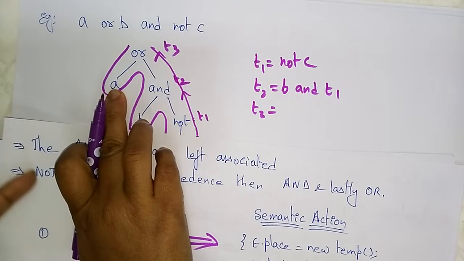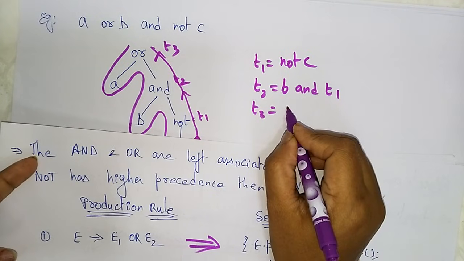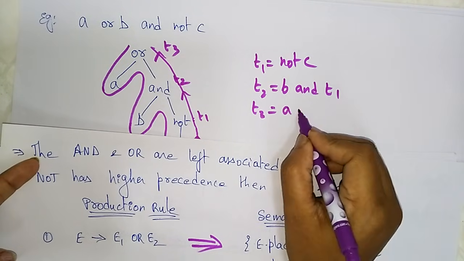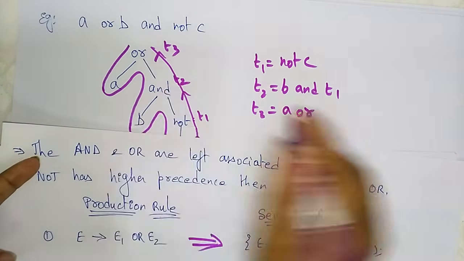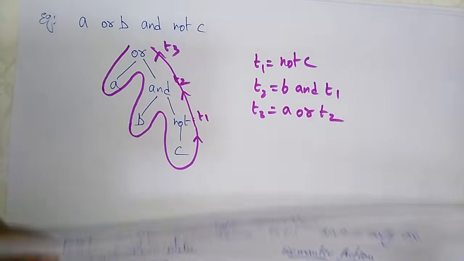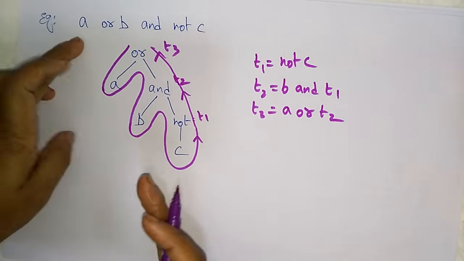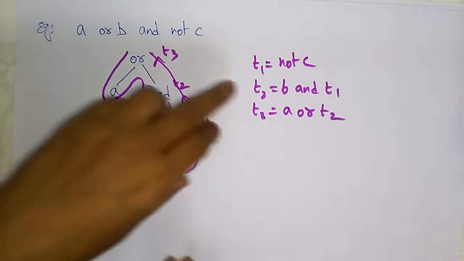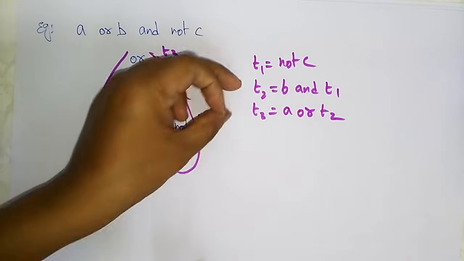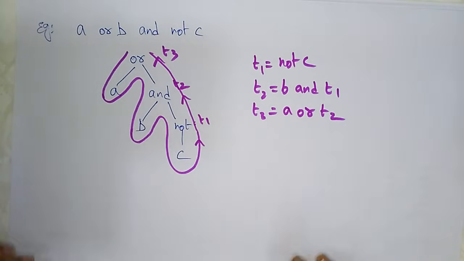E1 dot place is A or E2 dot place is T2. So this is for the expression A or B and not C, and these are the temporary variables holding the values.